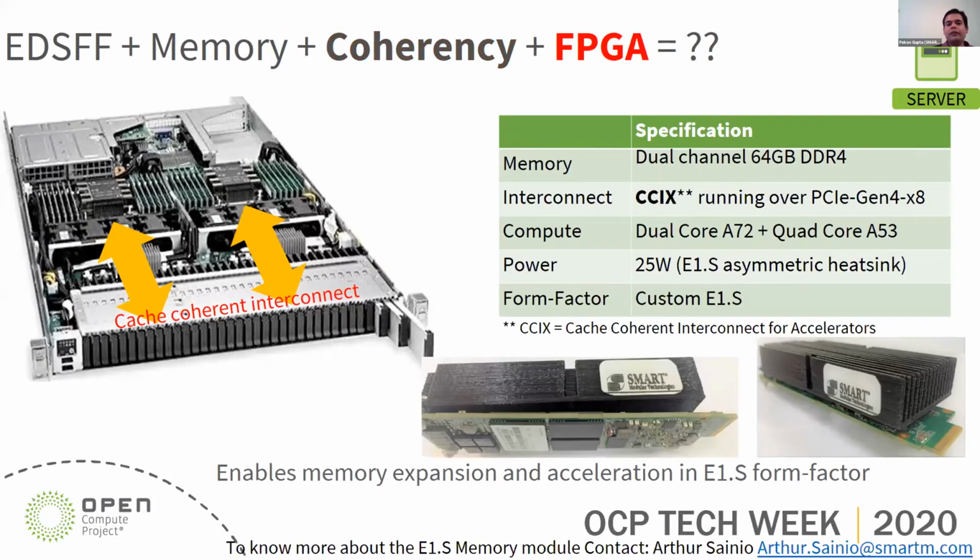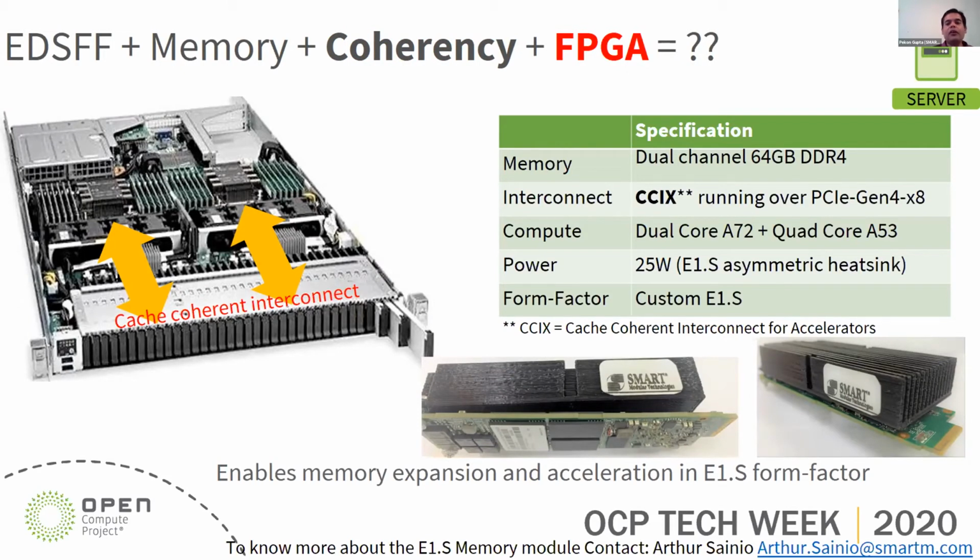At Smart Modular, we are working on designing such modules. And one of our prototypes is being built as we speak today. The memory on this prototype is a 64 GB DDR4 memory. It runs a CCIX cache coherent controller, which uses the Xilinx FPGA.